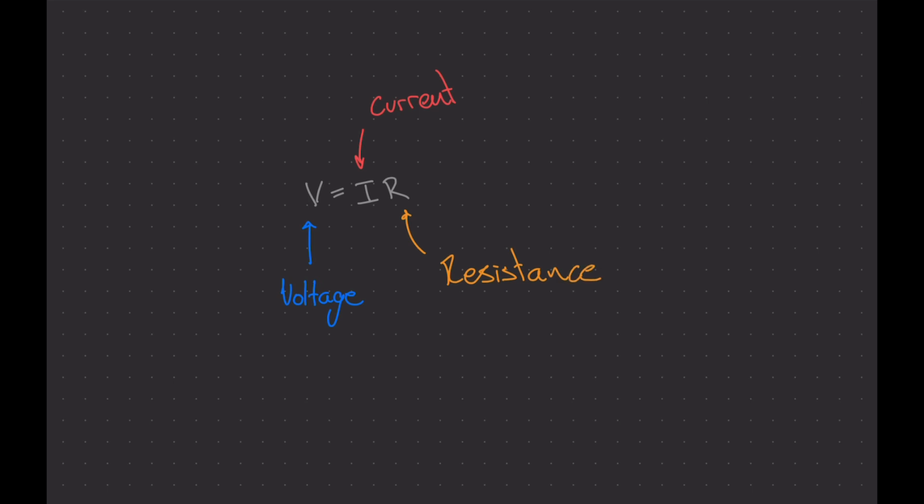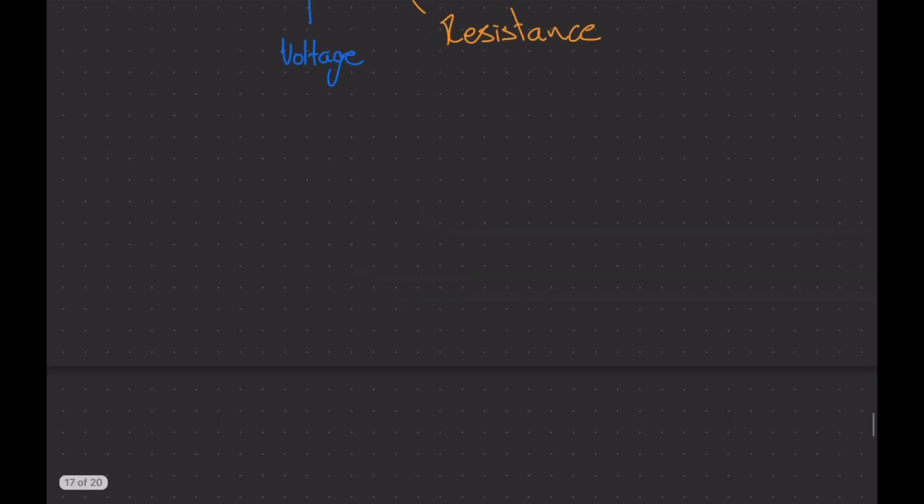This equation looks fairly similar to the standard line, y equals mx plus b. In this case, b is equal to 0, and m is the resistance. We can plot I on the x-axis, and we can plot voltage as a function of I on the y-axis.